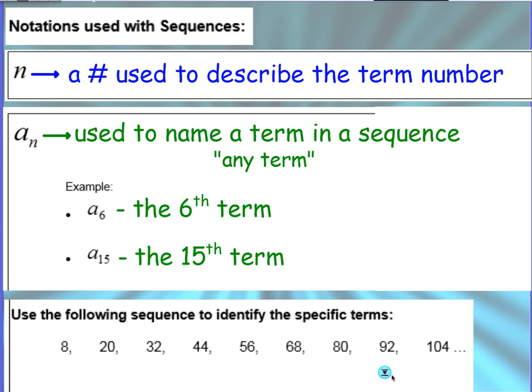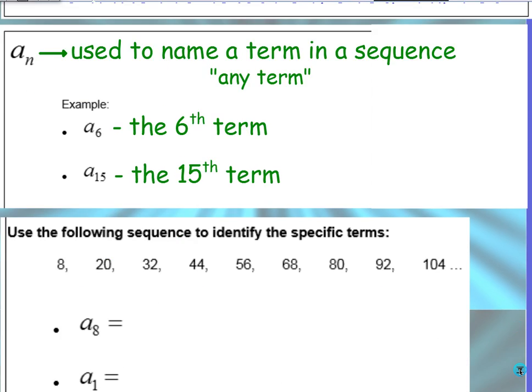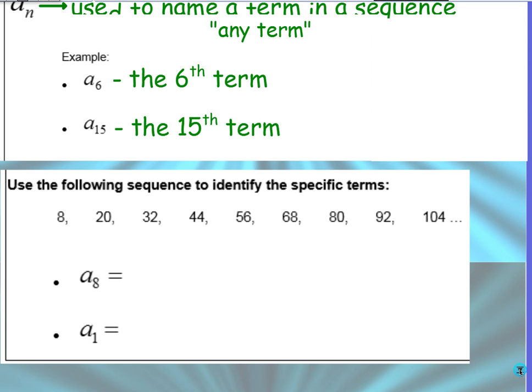So we're going to use the sequence below to identify specific terms. So remember from class today, anytime you see a sequence, we first must come up with the pattern and see if it's arithmetic or geometric. Do you see the pattern with this one? Is it adding, multiplying?